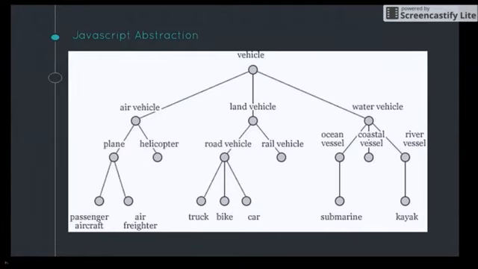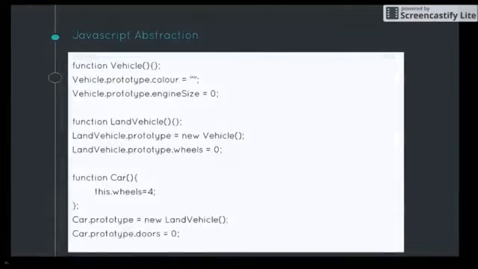Do you remember this diagram that I showed you earlier? This is a simple abstraction diagram. What I'm going to do now is go through this in JavaScript and see how we can do it. So this is how you do abstraction in JavaScript, the vehicle abstraction.